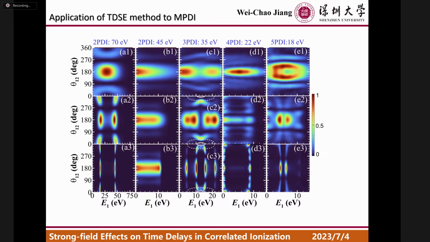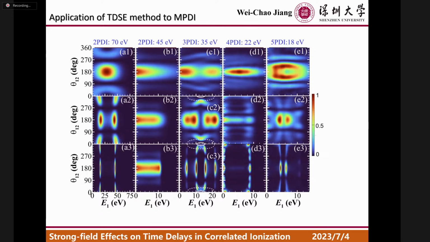Because in this special case, the second electron has a faster velocity than the first electron. So it will finally catch up with the first electron and have a strong correlation. This will change the energy.